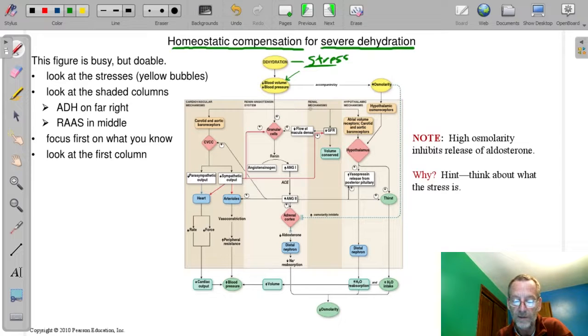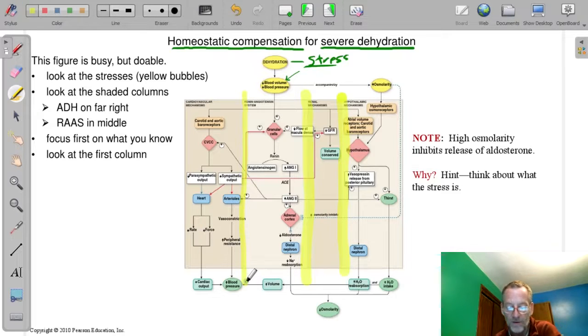We've lost fluid. Another thing to note on this figure is that it's divided up into 4 columns. So there's this column on the far right, and then there's another column, and then another column.